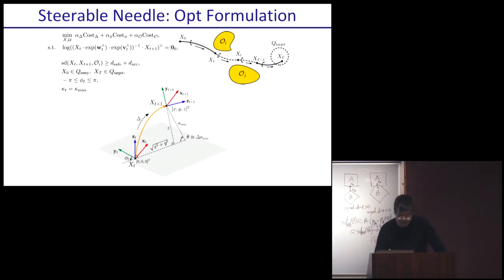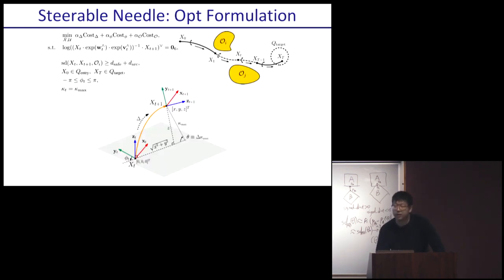And x0 belongs to the entry set, and x_T belongs to the target set. Phi_t is the rotation degree, and it should be smaller than or equal to pi and larger than or equal to negative pi. And here k_t is the curvature. We said we should always follow the constant curvature, so here k_t is always k_max.